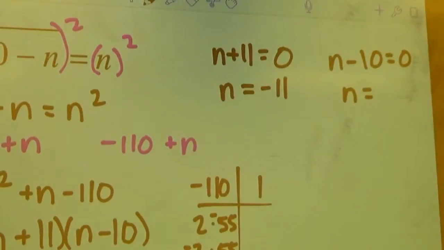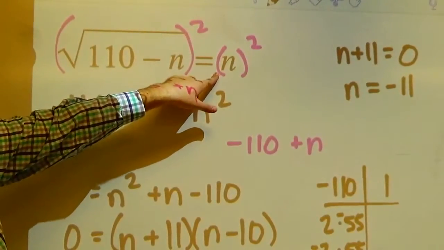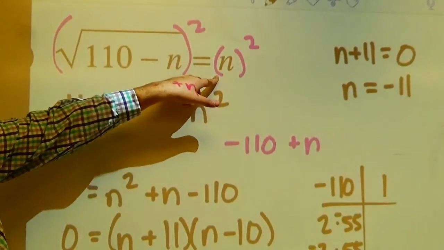Positive 10 over here. Alright, but the issue is we're not done. We can't assume both of these are the answer because we have this variable out here. Can we just assume? No, we can't.